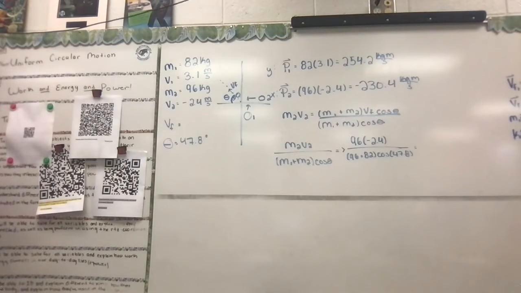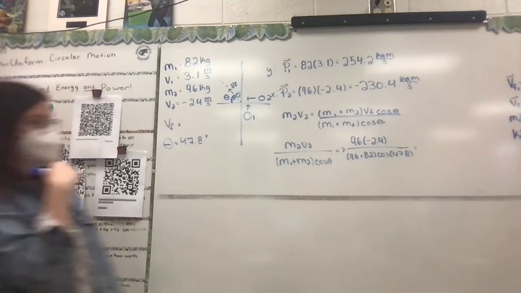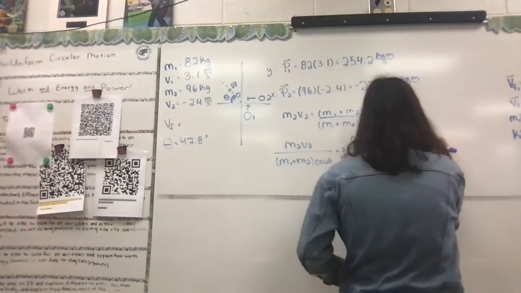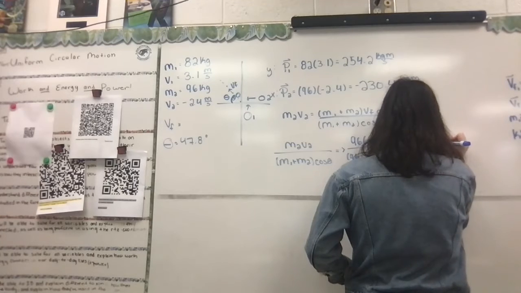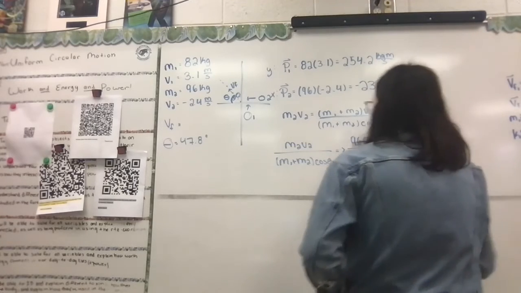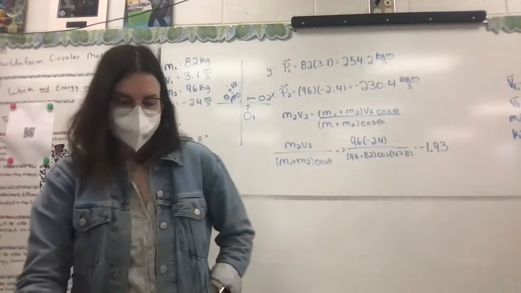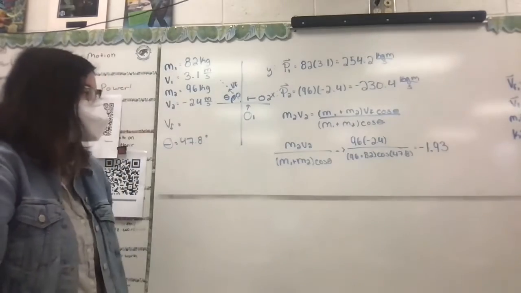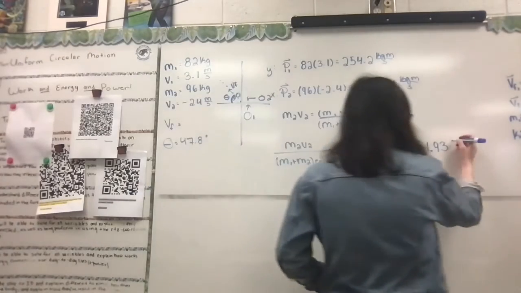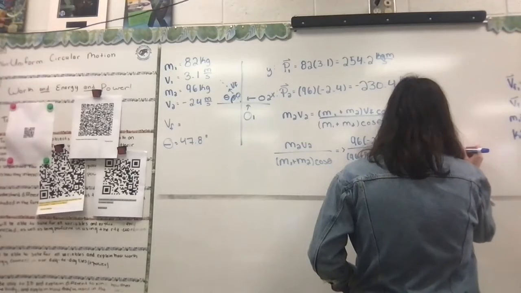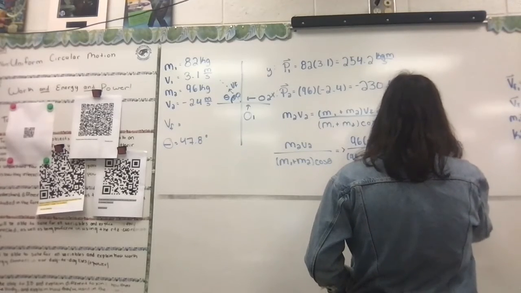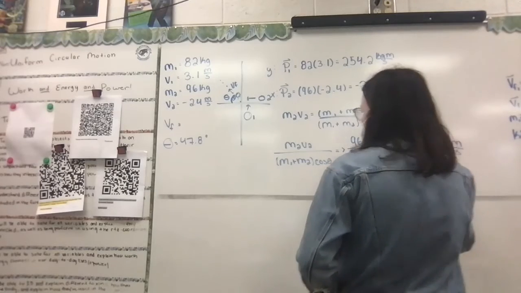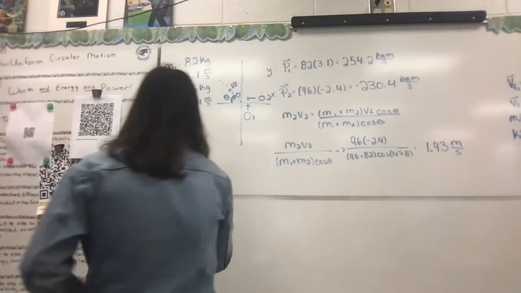Negative 1.9. What are the units? Meters per second. And if we wanted to be more purposeful with our direction, instead of putting negative, what could we put?